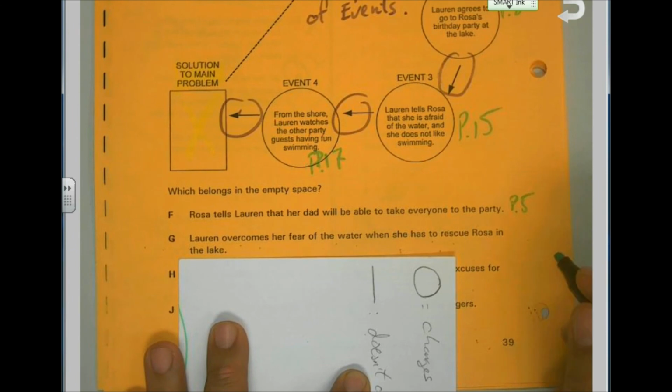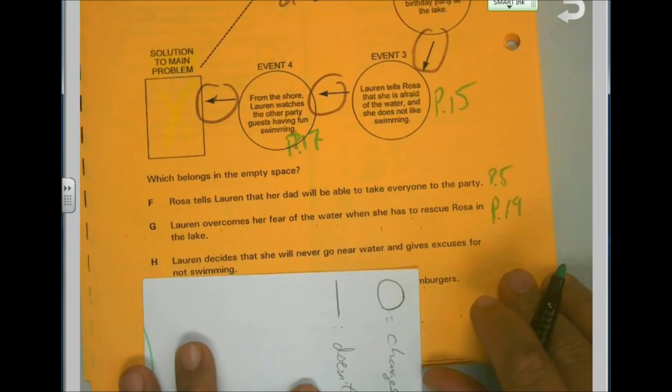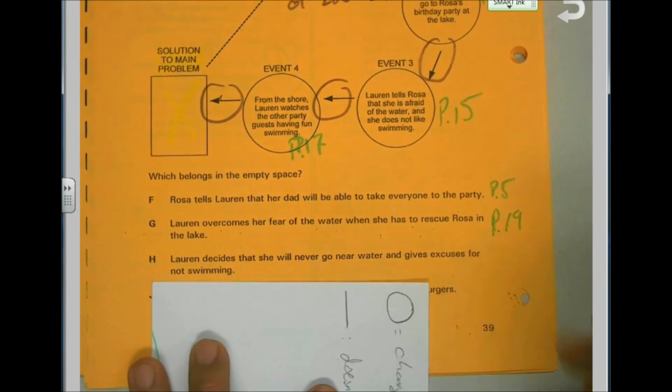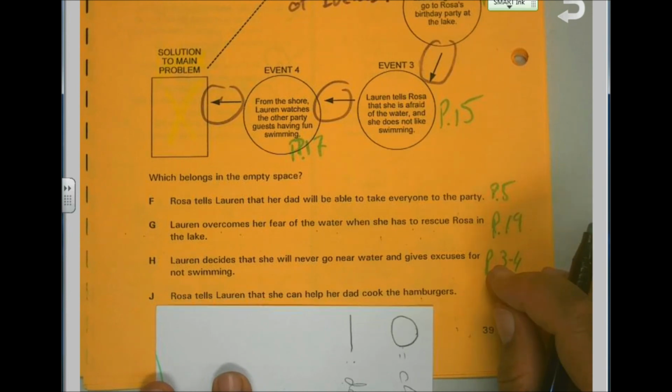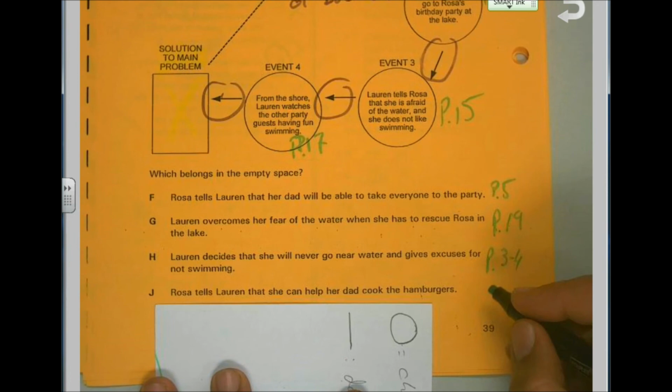What paragraph? H. Lauren decides that she will never go near water and gives excuses for not swimming. Okay, it's between paragraph 3 and 4. J. Rosa tells Lauren that she can help her dad cook the hamburgers. 16.